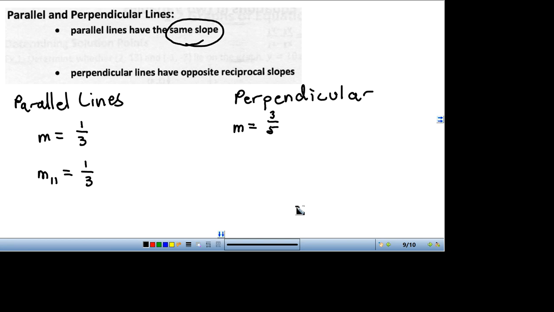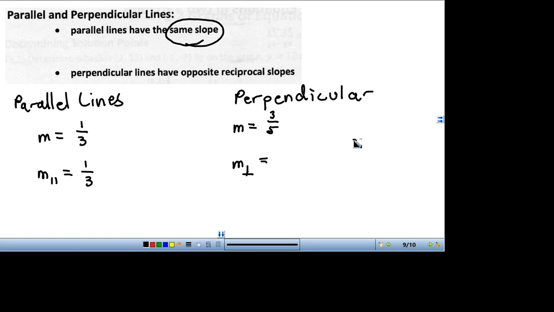The slope of the line that's perpendicular, and by the way, that little upside down T, I got to finish it. That upside down T means perpendicular. And it's not an 11. These little 2 bars means parallel. So the slope of the line that's perpendicular to this one is going to be the opposite reciprocal.